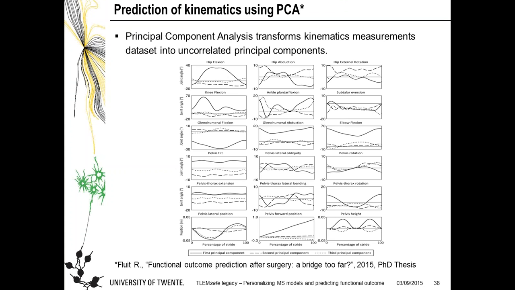Principal component analysis was used to transform a full dataset of kinematic measurements into uncorrelated principal components, each one describing a specific feature of the walking movement.